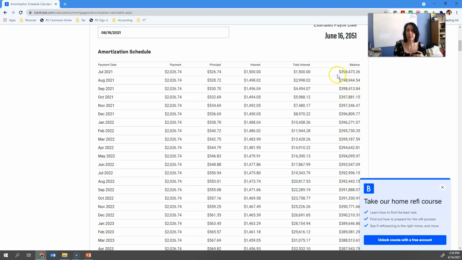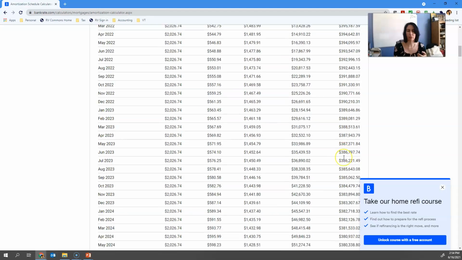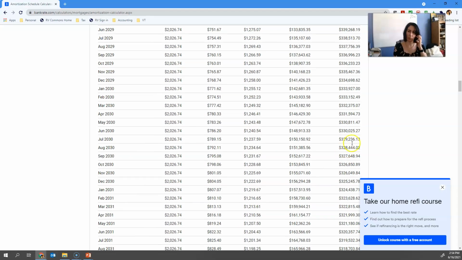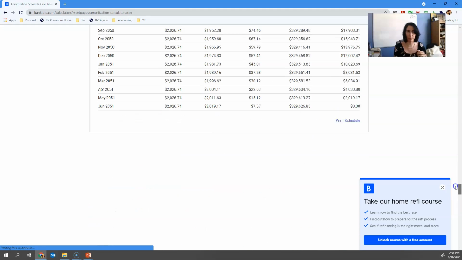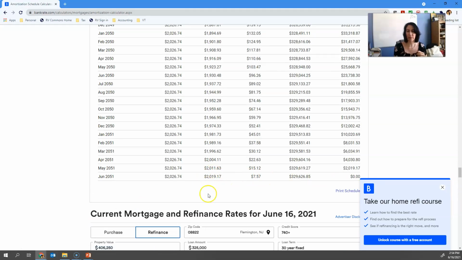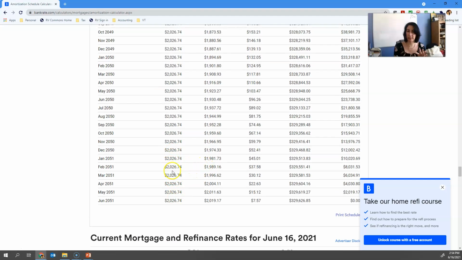As you can see, as you make each payment, the interest continues to go down and the principal piece continues to go up, because you're always working off of a lower number. If we go all the way down this thing, all whopping 30 years of it, here's our last round of payments. The $2,026.74 is our fixed regular monthly payment.